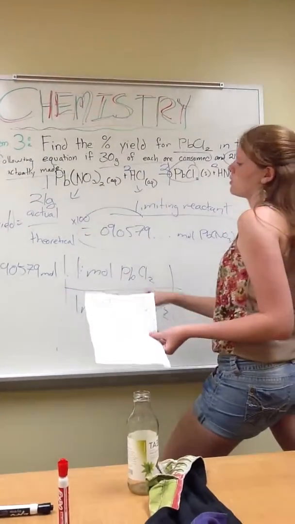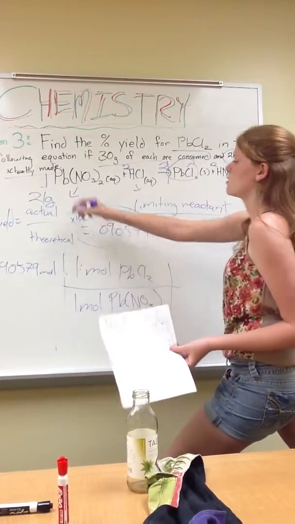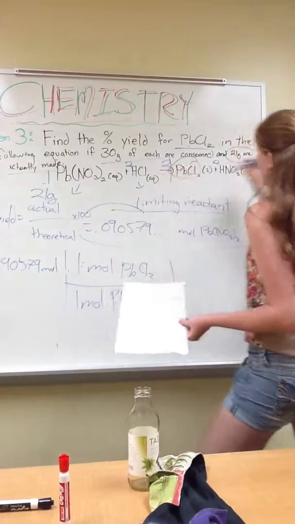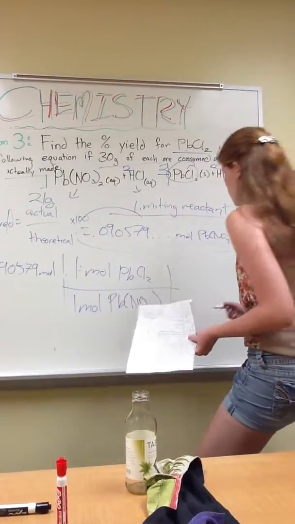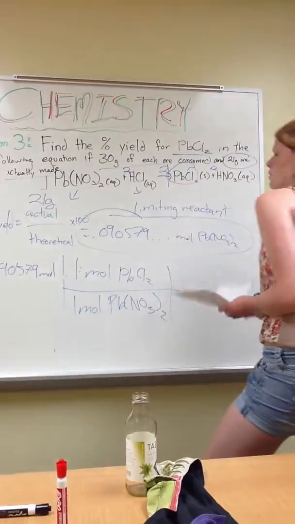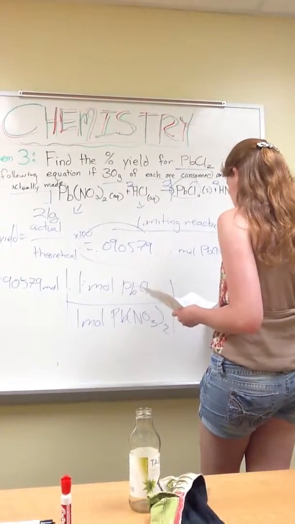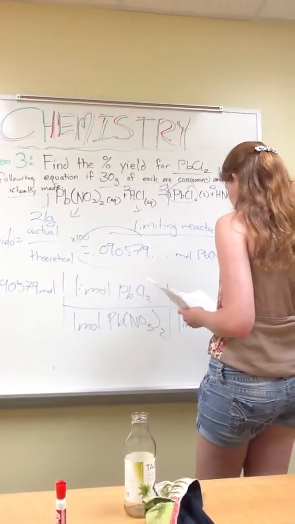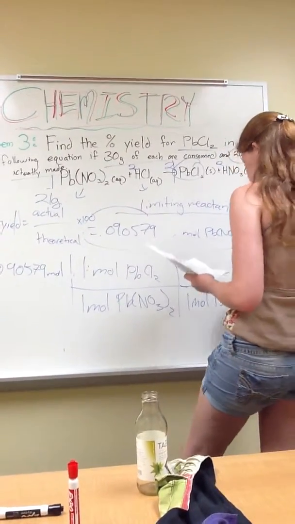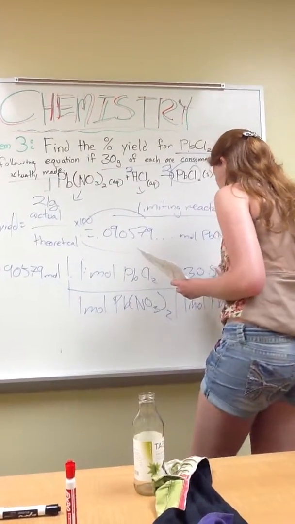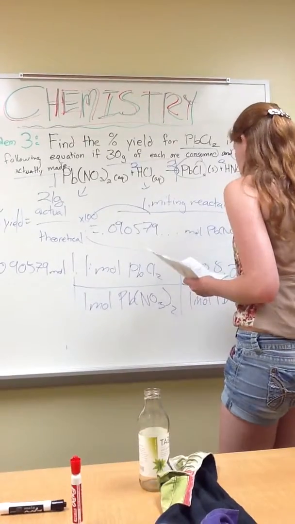You can also do theoretical yield in moles as long as your actual yield is also in moles. Alright, so to get grams, we're going to have 1 mole of this, need the molar mass, and the molar mass for this is 308.2.